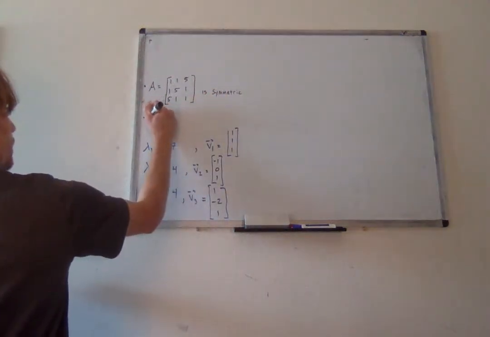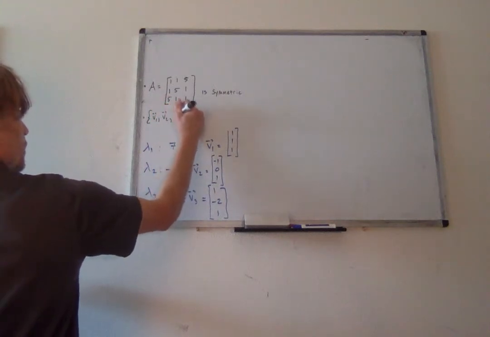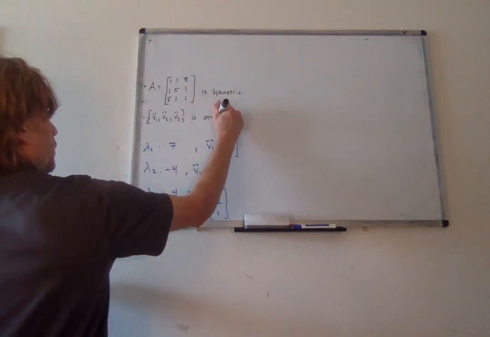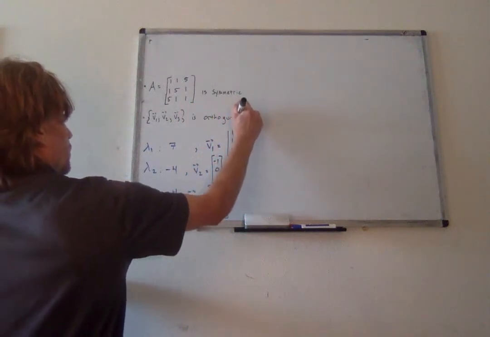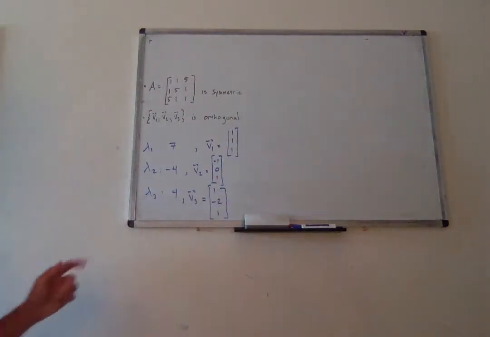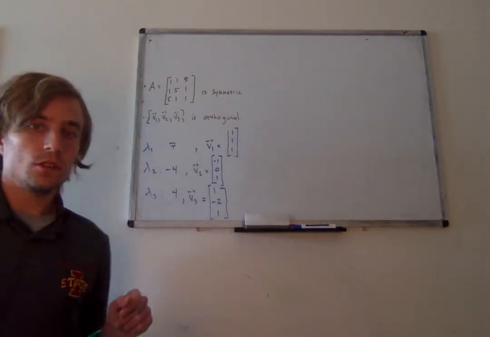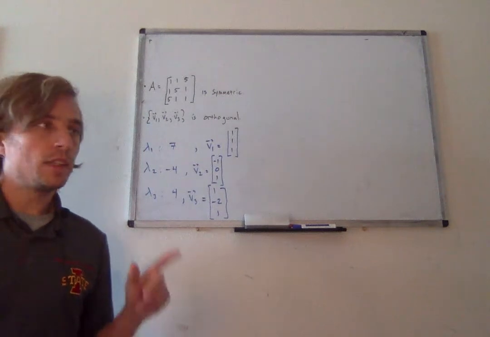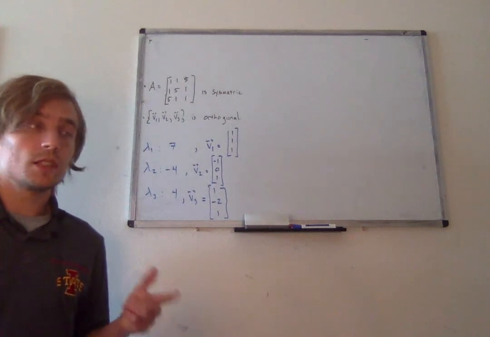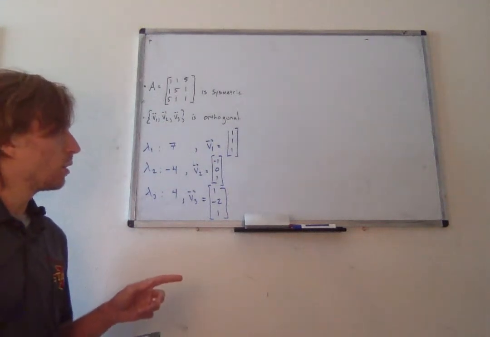And we know that the set v1, v2, v3 is orthogonal. So what we want to do next is diagonalize A, but I don't want to use these three vectors. I want to diagonalize A using an orthogonal matrix P. And so remember, an orthogonal matrix is a square matrix whose columns are orthonormal.